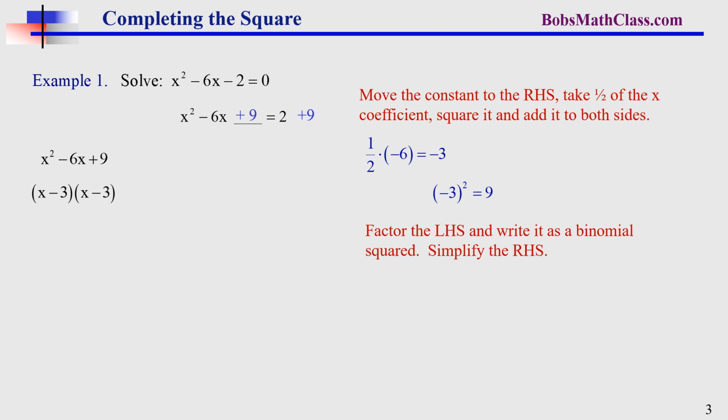But notice that number, -3, appears in both binomials. It's half of the middle term, half of the x coefficient, the number before you square it. So you really don't have to work too hard at factoring. You already have the number.